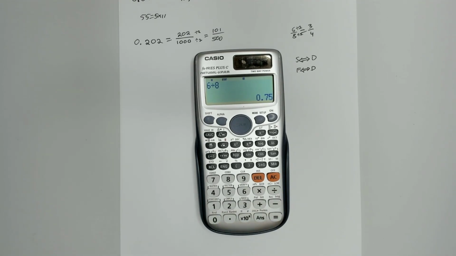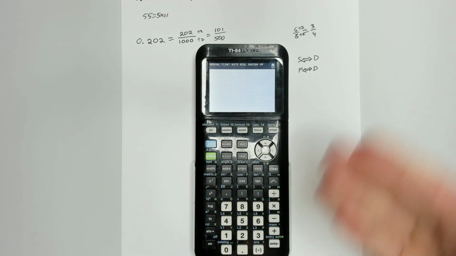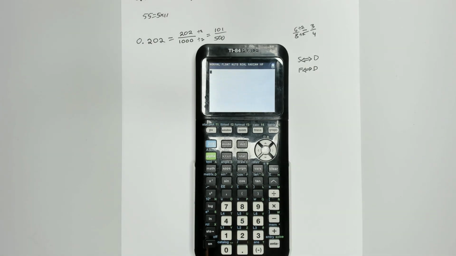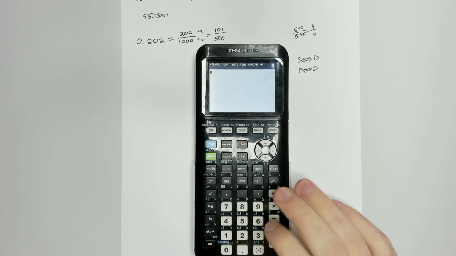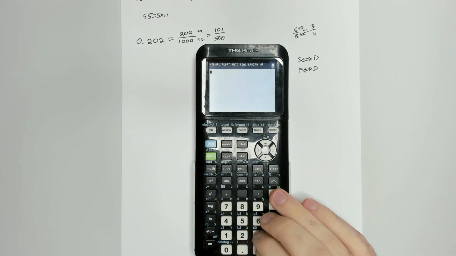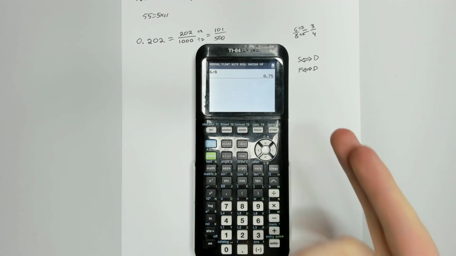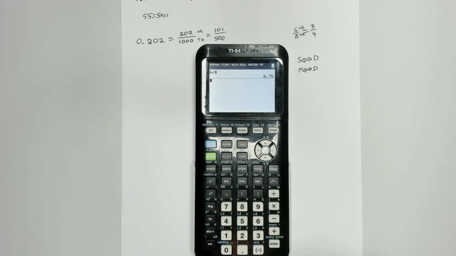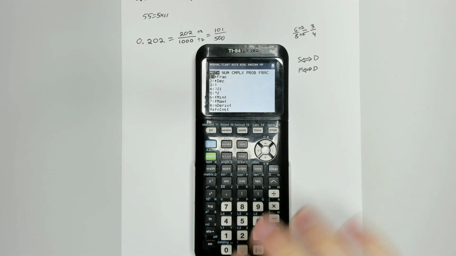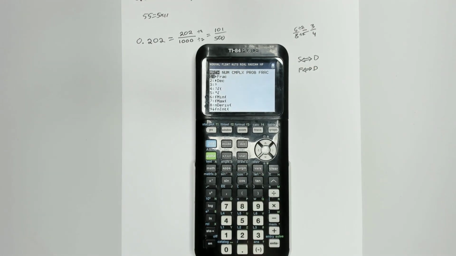And there's another calculator that I also have that I can show you how to do this for. All right, so this is my fancy calculator, and it has a lot more capabilities than the other one, but it does still have the fraction to decimal conversion. So let's say I do 6 over 8, so that's telling me it's 0.75. If I want to convert that into a fraction, I press math, then we have a bunch of options, but it's the first one there, frac.